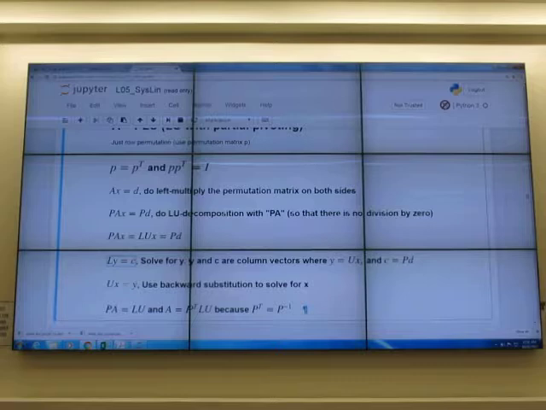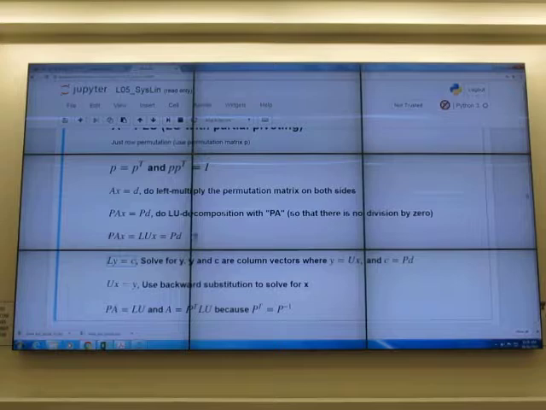So basically we have PA equal to LU. So this time PA equal to LU. And when I multiply P transpose to LU, A equal to P transpose LU, because P transpose equal to P inverse. You see this one over here.